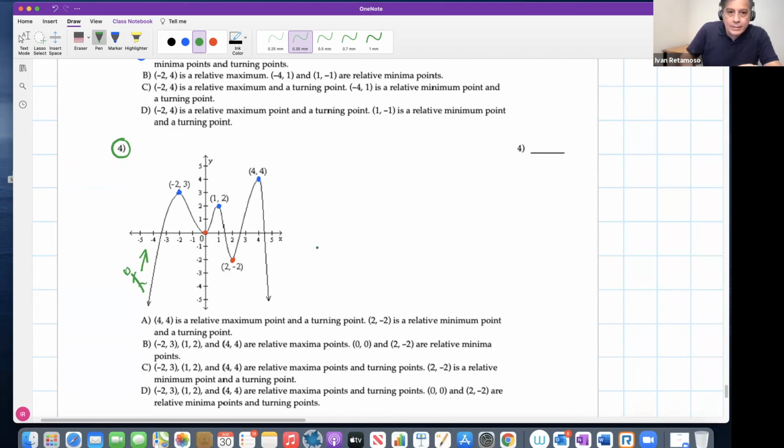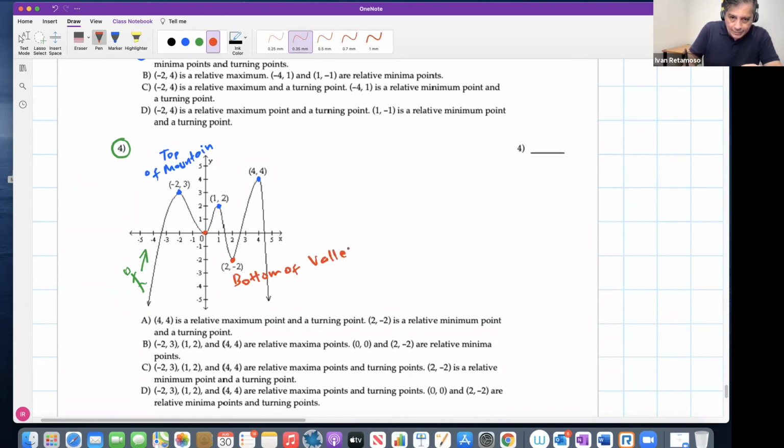Yeah, maybe I should write here, top of mountain. It's a way to remember this special point, right? Top, for these peaks. And for this type of points, bottom of valley.